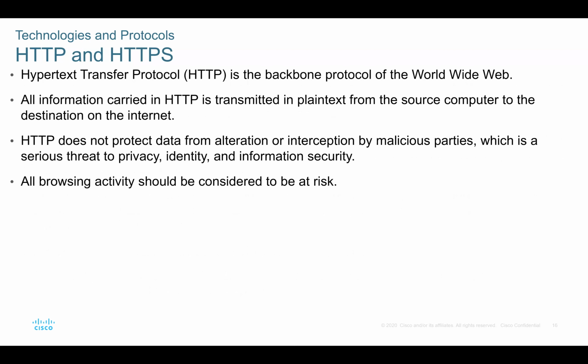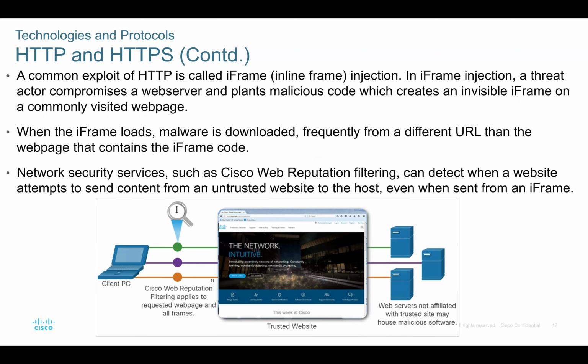You may use Cisco Umbrella to detect such attacks on the DNS. Then you have HTTP and HTTPS. HTTP is responsible for transferring web pages from the World Wide Web servers to your browsers, and that transfer is all in clear text. One common exploit in HTTP is called inline frames.